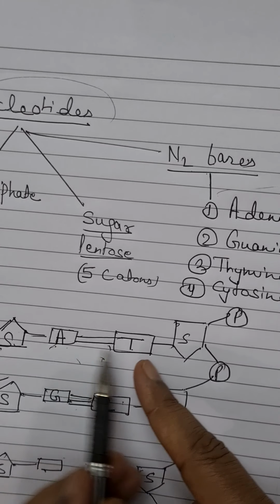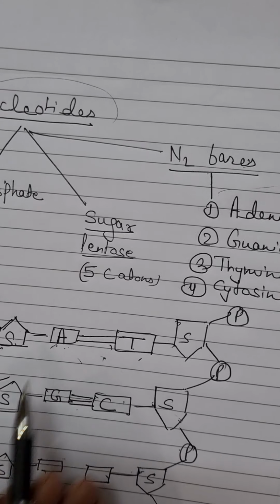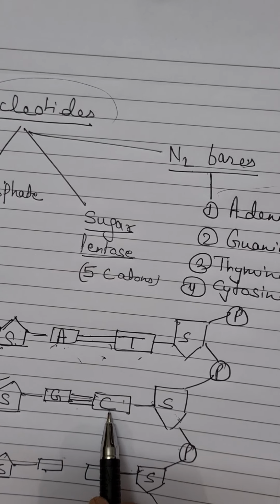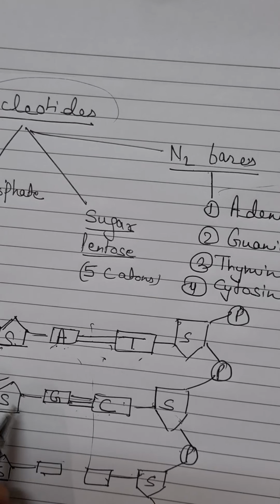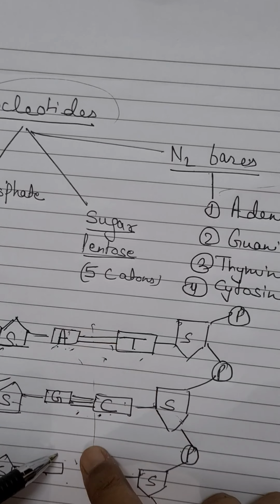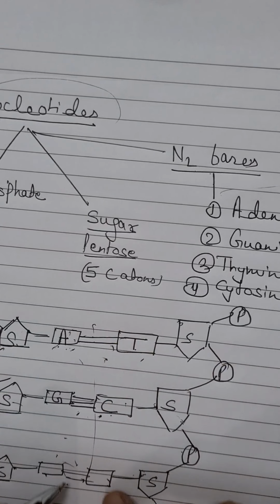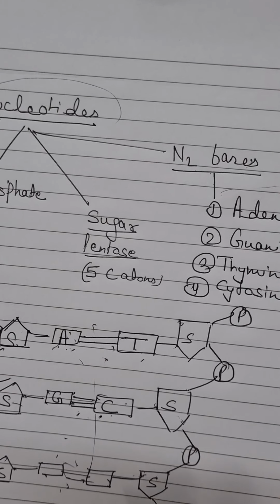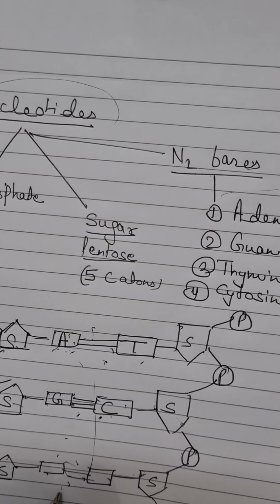In between adenine and thymine, or thymine and adenine, a double hydrogen bond is present, and in between guanine and cytosine, a triple hydrogen bond is present, and they are attached to each other in such a way that they form the rungs of the ladder. So this is all about the double helix structure of the DNA molecule.